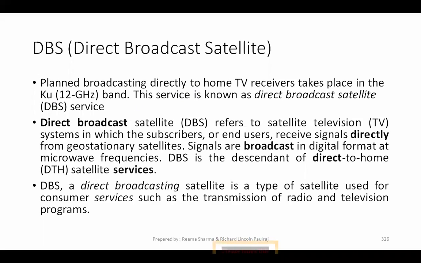Okay, so the reason why it's called direct broadcasting is because you directly receive signals from the satellite. Initially, if you can recall, we had these antennas which were placed on top, and we used to adjust these antennas. So due to which the picture quality and the voice clarity wasn't good.